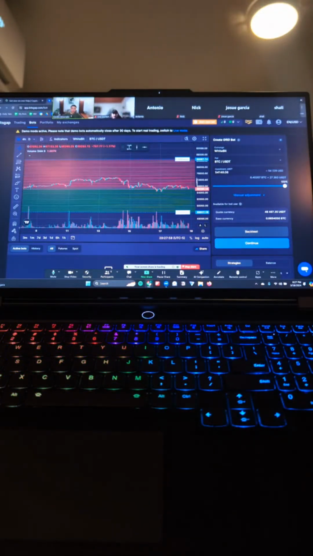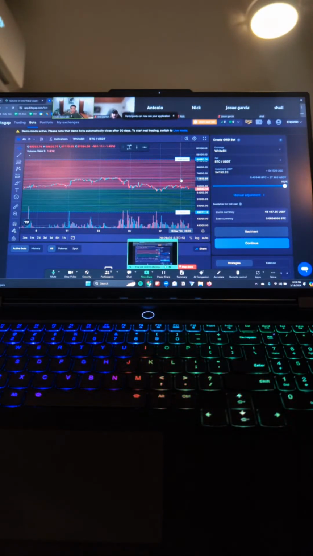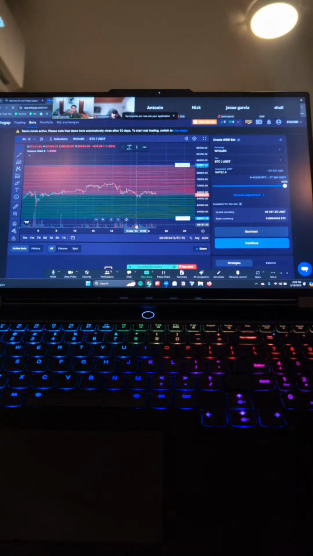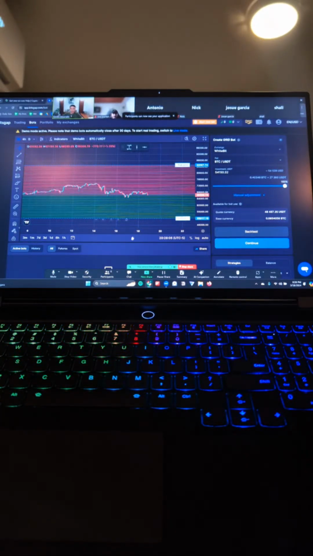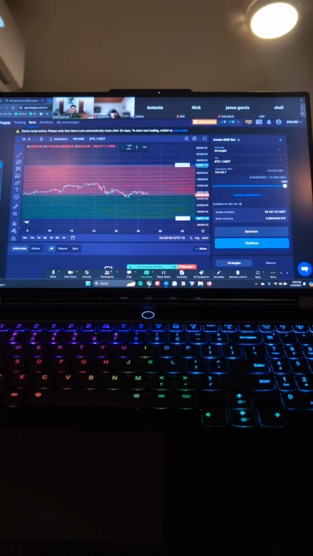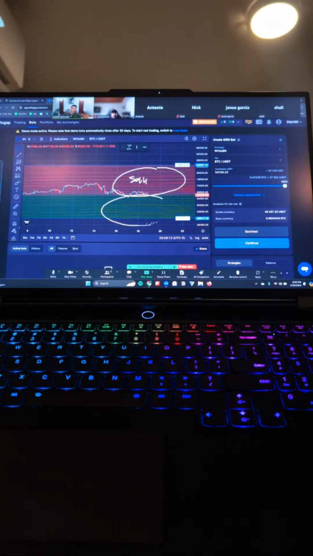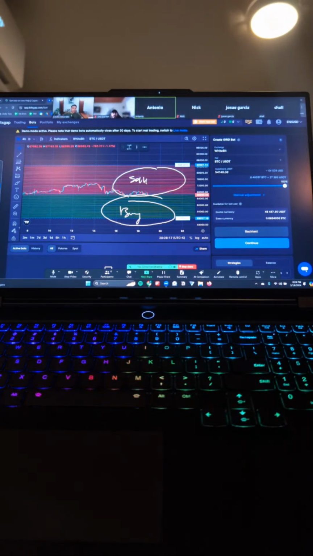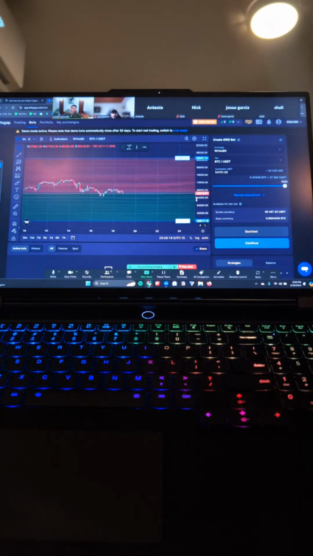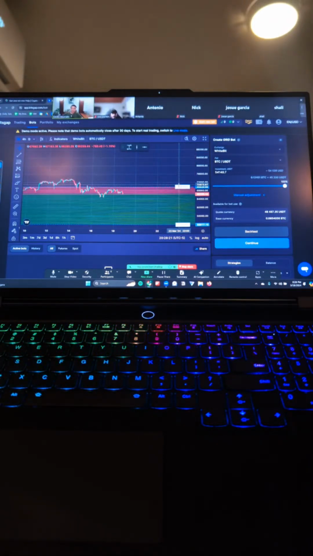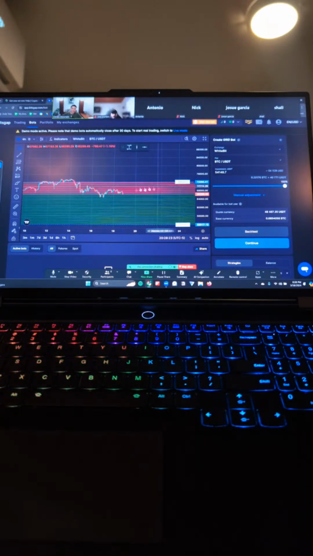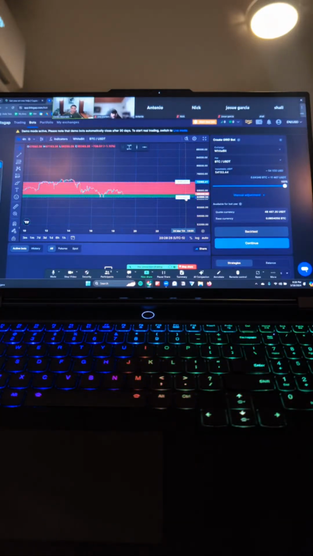But to give you a better understanding on that, you can take a look at, for example, when you're looking to deploy a new bot, you have an understanding that you have the sell orders here, and you have the buy orders here. So it's not random. None of this is random. It's not like we place the high price where we feel like placing it, or the low price when we feel like placing it.